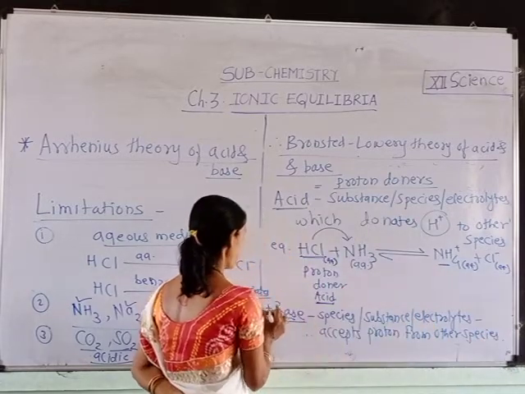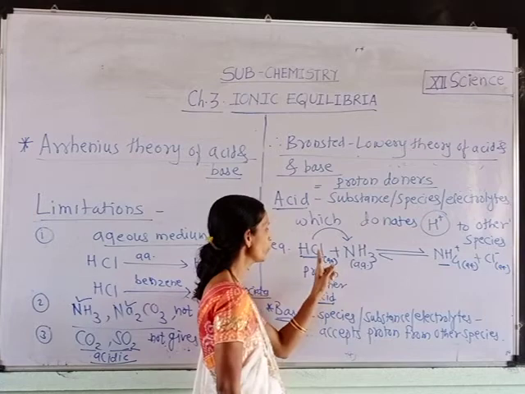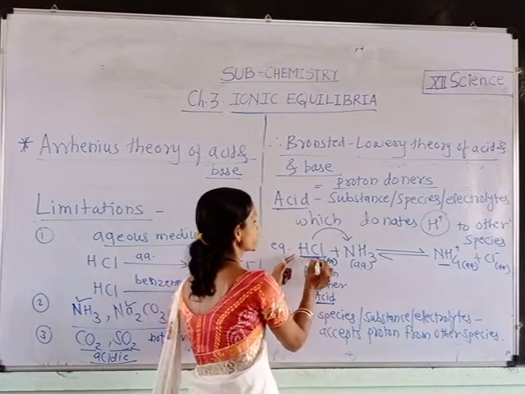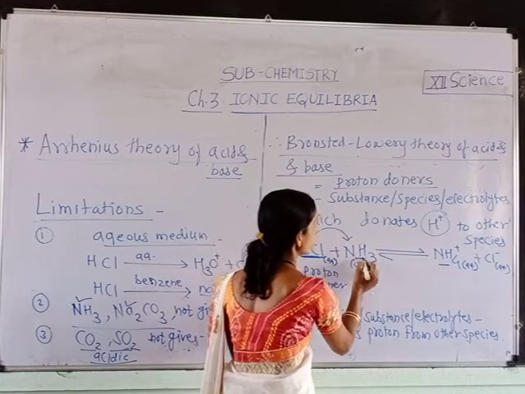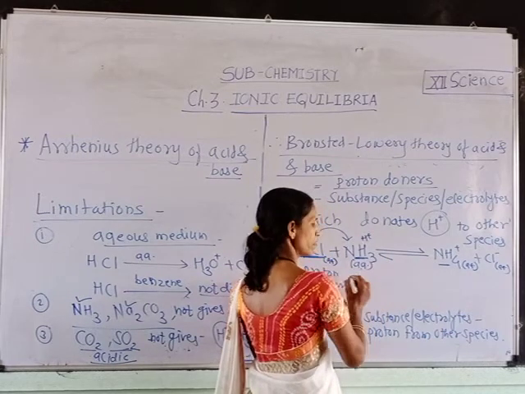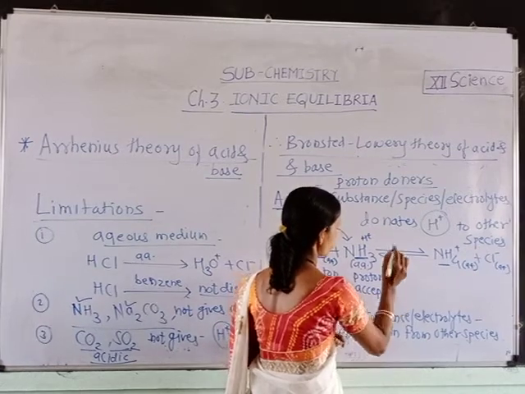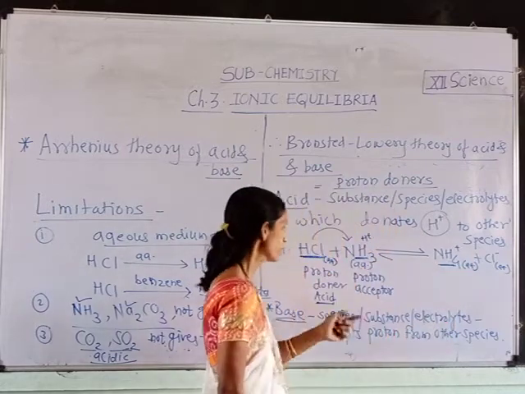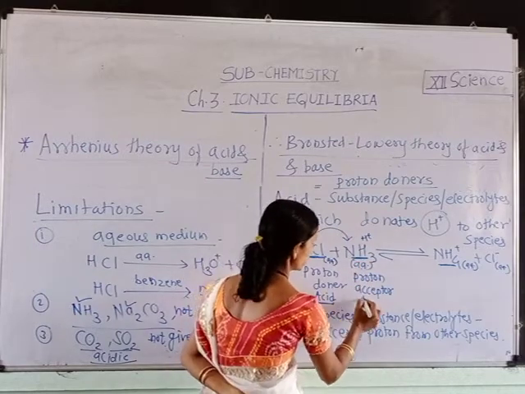See here, when the aqueous solution of HCl reacts with the aqueous solution of ammonia, HCl is a proton donor, and that proton is accepted by ammonia. NH3 accepts H plus ion, therefore it is a proton acceptor, and is converted into NH4 plus. Therefore, here NH3, that is ammonia, is a base.